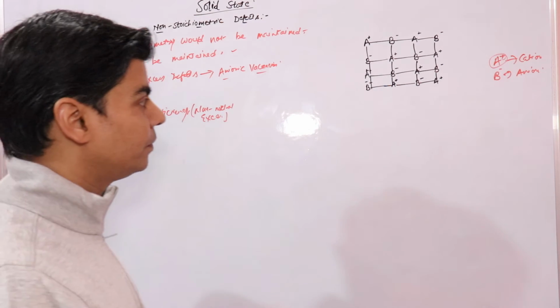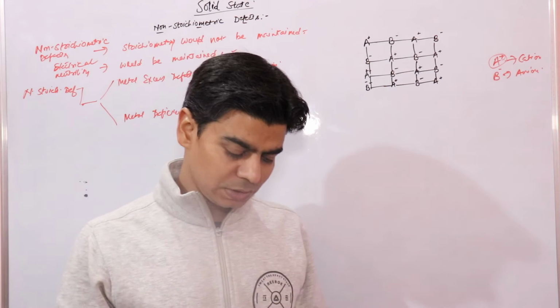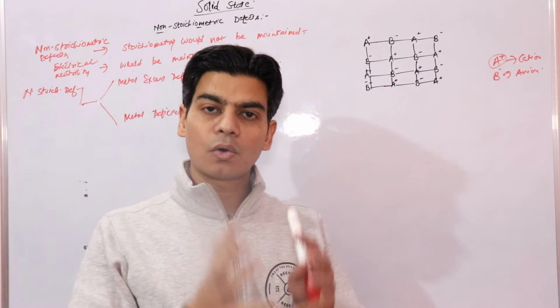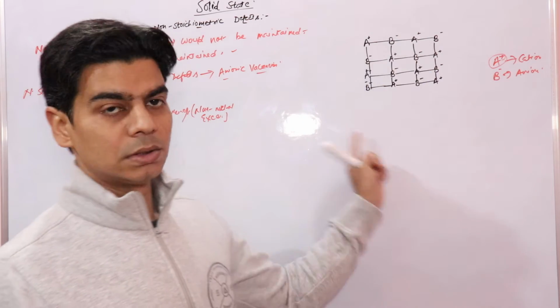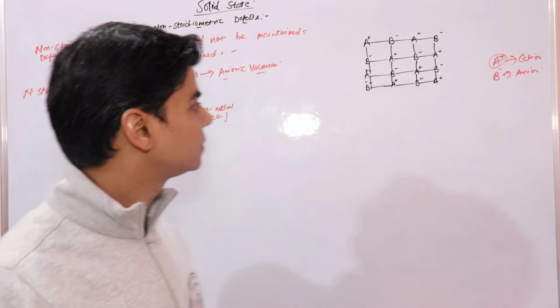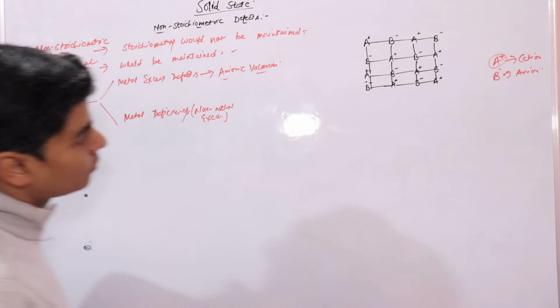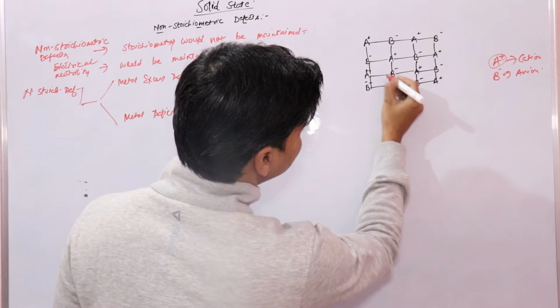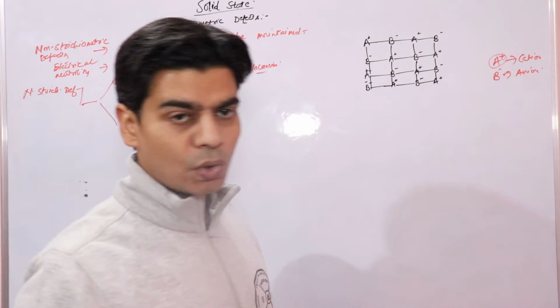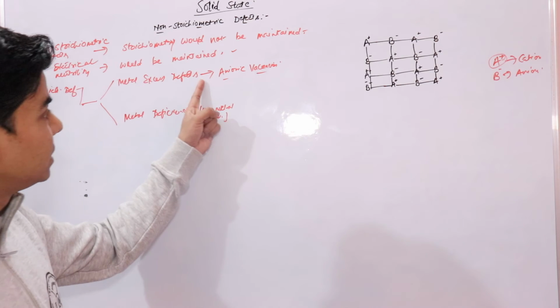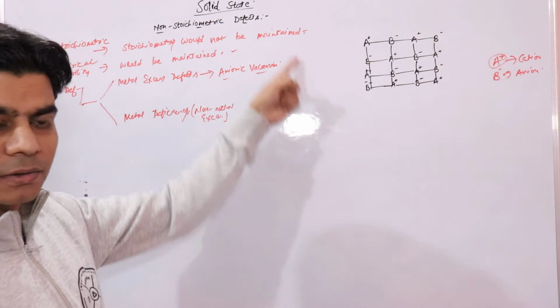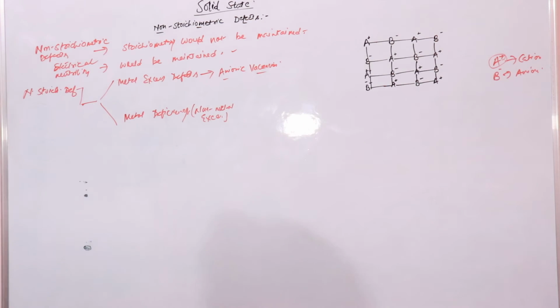When we say anionic vacancies, that means the sites that are occupied by anions will become vacant. So if this is your anion, B minus represents your anion.